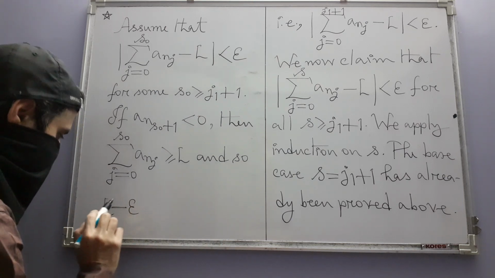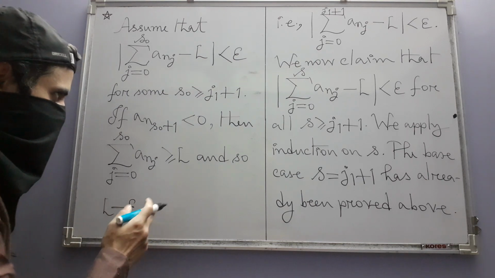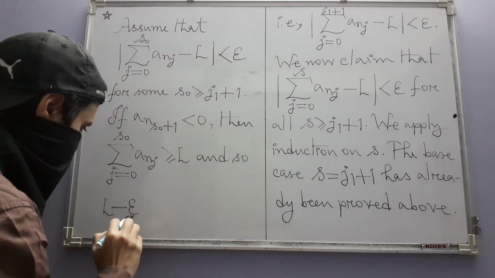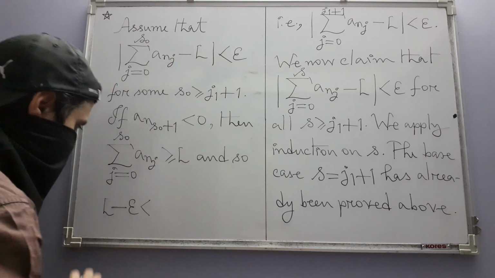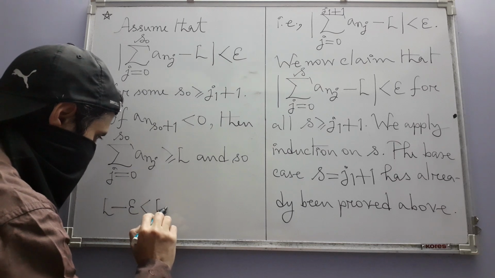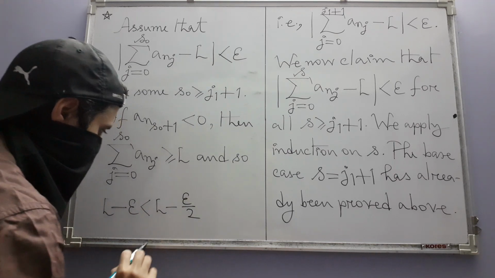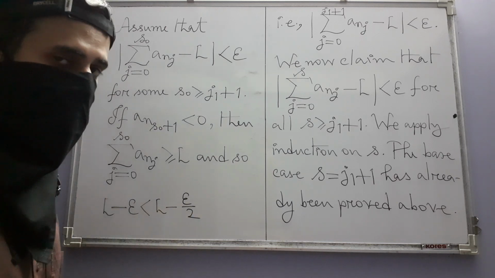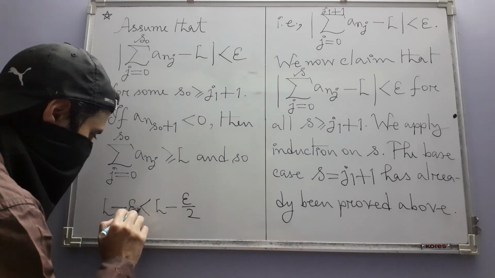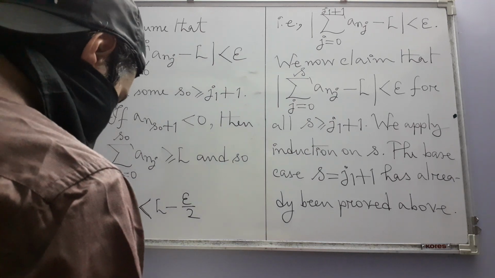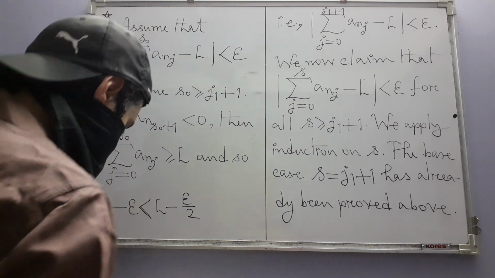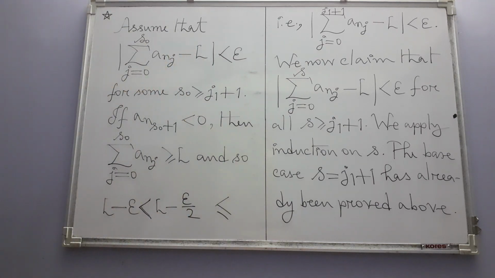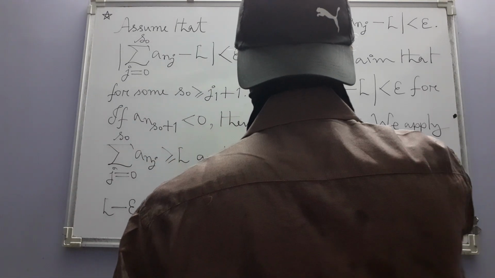L minus epsilon, we still start with L minus epsilon because we need this thing. So L minus epsilon is less than L minus epsilon over 2. This of course you understand because here we are subtracting less from L. So that's why this inequality. But now this is less than or equal to, this part is going to be a little bit confusing.